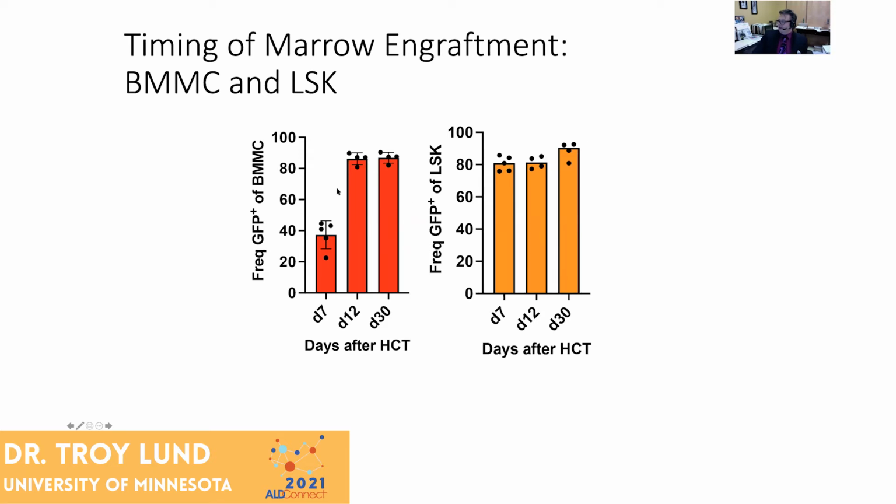So why aren't they 40% like the mononuclear cells? Because you've got a mixture of still host mononuclear cells that are dying off over time, and that dying off takes probably a week or two. So you get an admixture at day 7 before all the host cells are gone at day 12 and day 30. For the stem cells, they go away pretty quickly. So again, nothing new here, nothing surprising.